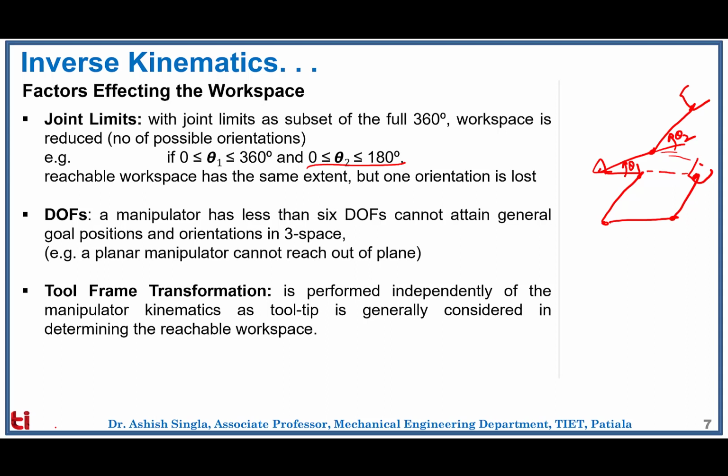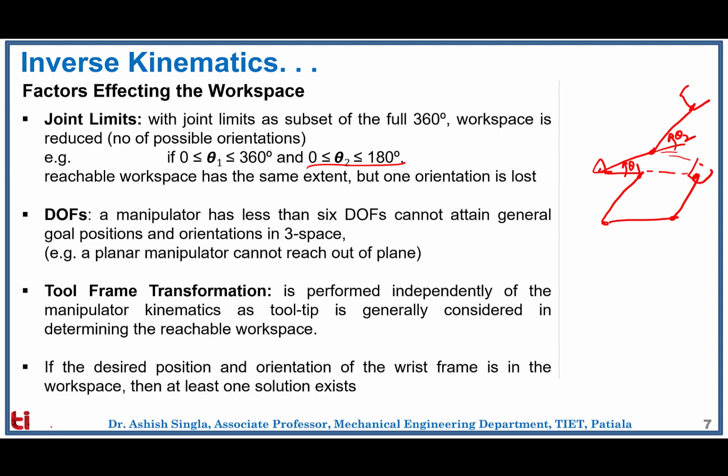Those tools are never part of the forward kinematics, but the tool tip is generally considered in determining the reachable workspace. So we can perform the tool frame transformation independently to calculate the workspace. And finally, if the desired position and orientation of the wrist frame is in the workspace, then at least one solution exists.